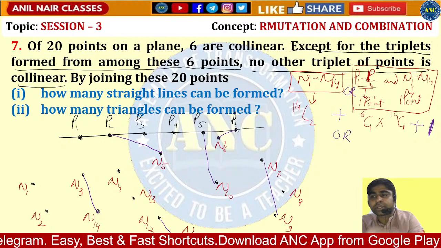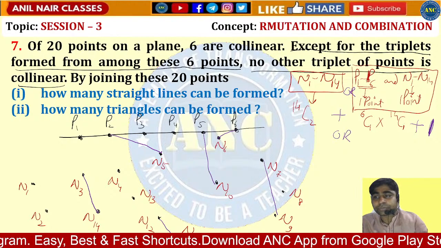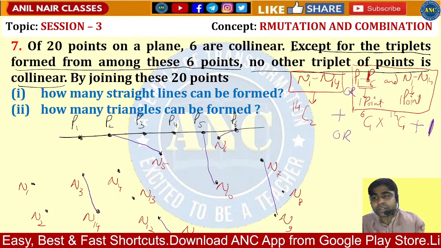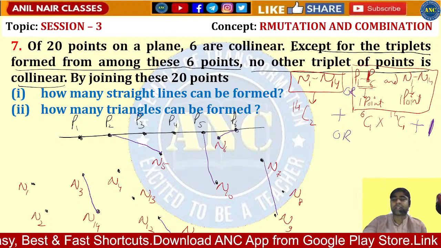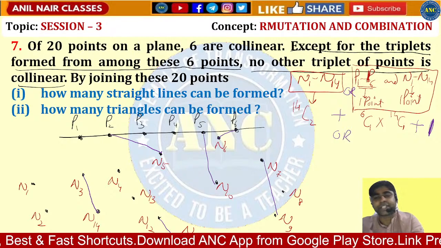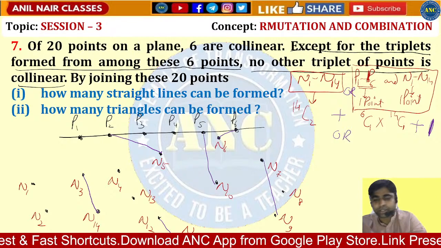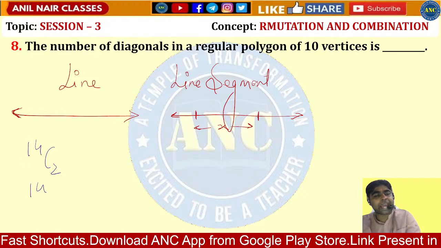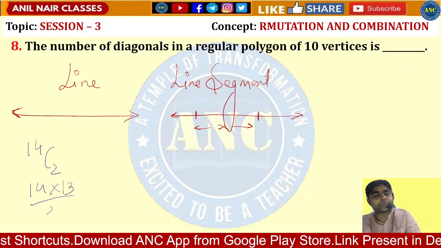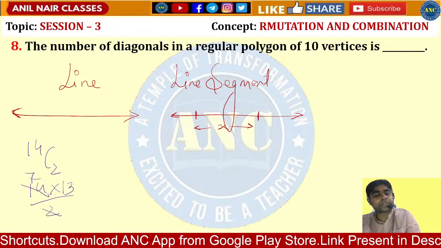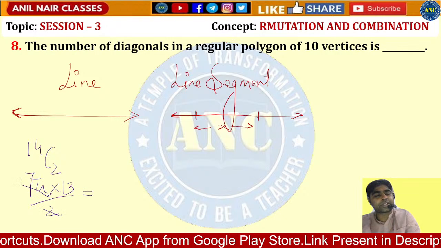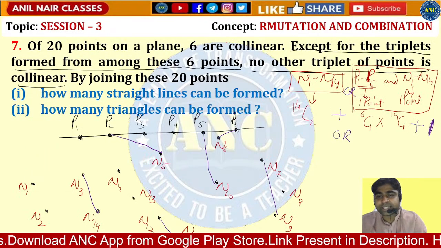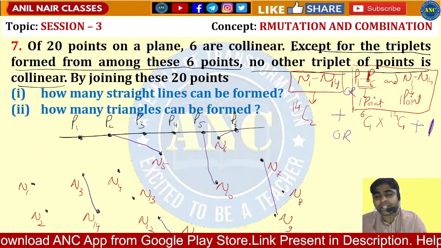Or, the second way to solve this question, let me solve this also. What is 14C2? It would be n into n minus 1 upon 2. So 7 into 13 is how much? 91. 6C1 is 6 and 14C1 is 14.